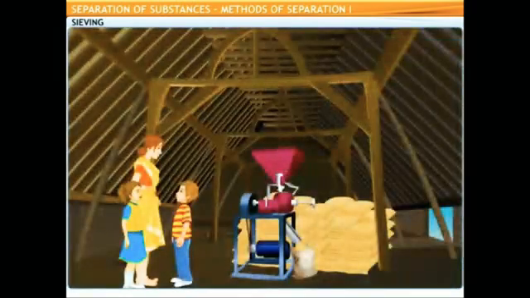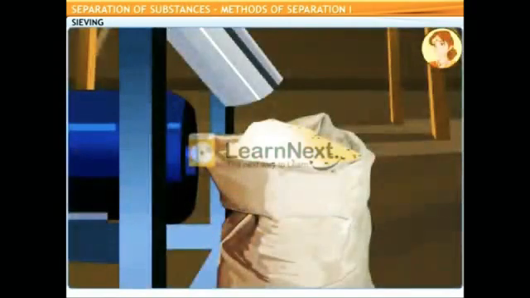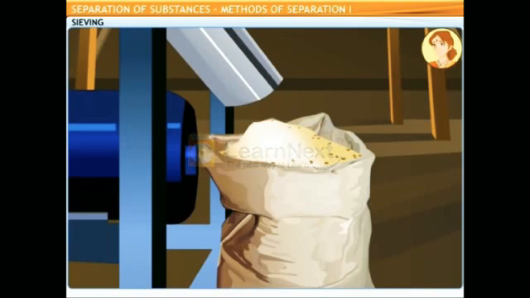And then this flour is packaged and taken away to sell in the market? Not right away. There is one final step that needs to be completed before it can be sold. You see, this machine grinds the wheat quite well, but there are still some thicker pieces or granules in the flour that need to be separated and thrown away.